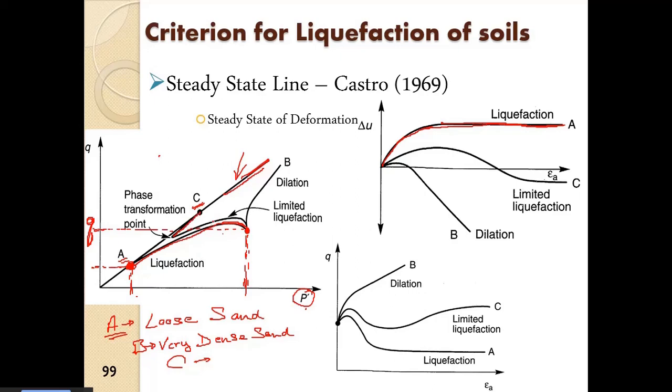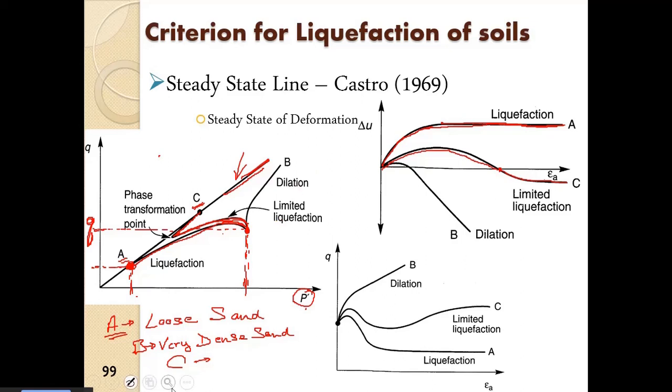All right, after shearing, it expanded. So initially there was some liquefaction. This is the limited liquefaction which is occurring here. So here limited liquefaction occurred, but then after the soil was sheared, the state of the soil got stabilized. All right, so that is the limited liquefaction case.